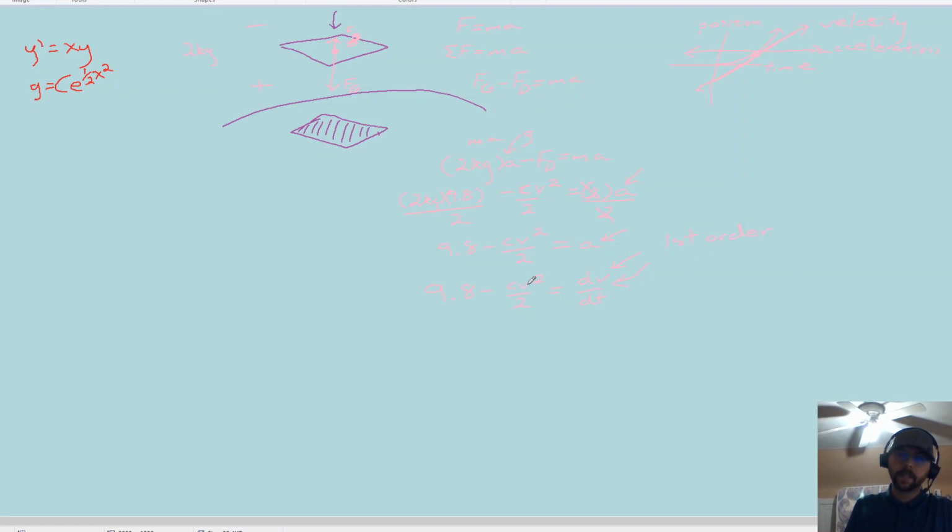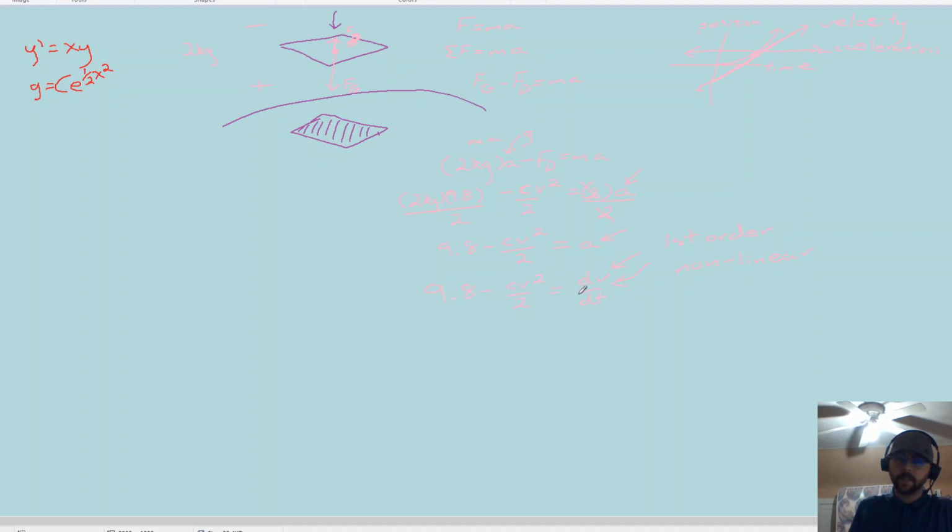Then the fact that the v is squared doesn't matter because it's not a derivative of v, it's just v. But as far as whether this is linear or nonlinear, this should be nonlinear. I didn't review this because it wasn't important to me. I don't think it's going to be on the final, but this should be nonlinear because the v does matter for that part of it, and it's squared.